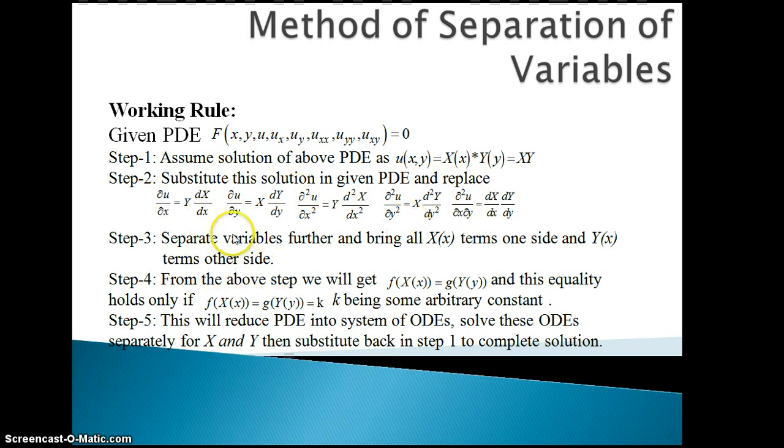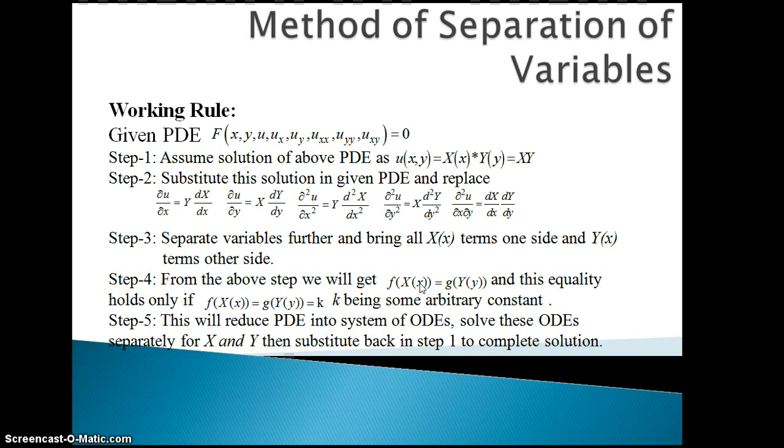Then in step 3, separate these variables further. That means you bring all capital X terms to one side and capital Y terms to the other side. By doing this, one side is completely a function of x and the other side is completely a function of y, and these two are equal.